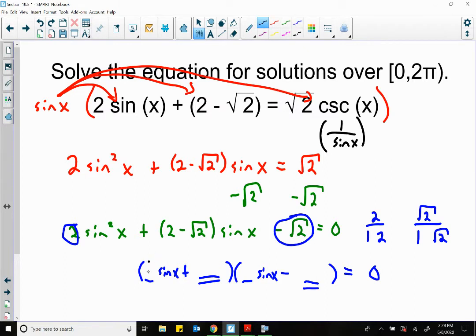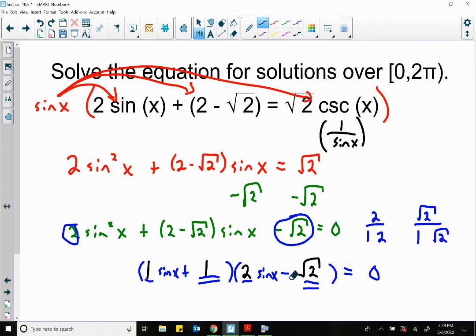So let's say we've got 1, and let's say we put the 2 here, and then let's say we put the other 1 and the square root of 2 here. Let's see if this factors out correctly. So 1 times 2 is 2. Sine times sine is sine squared. Okay, that works.